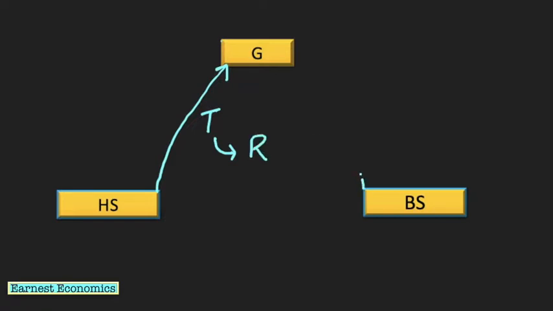Then the business sector also pays taxes to the government, mostly indirect taxes, and this also becomes a source of revenue for the government.